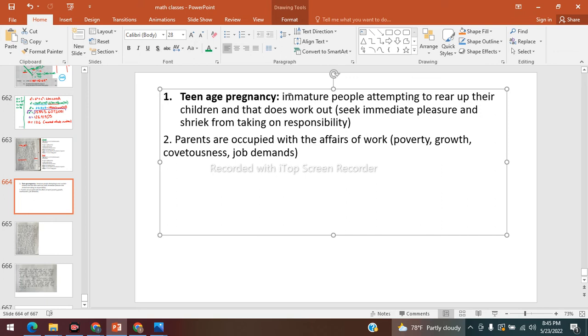But the problem is that these persons are immature, and so they don't even have a focus for their own life. So how could they rear up a next generation if they don't even understand their mission? You understand what I mean? And so that is a big thing, right?